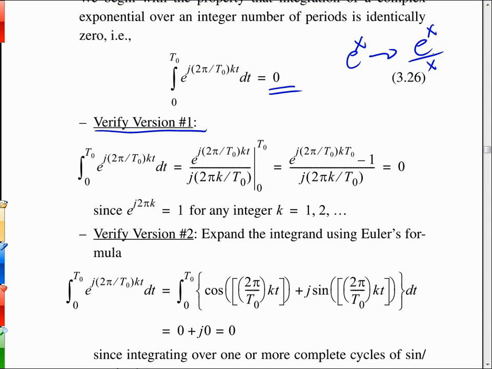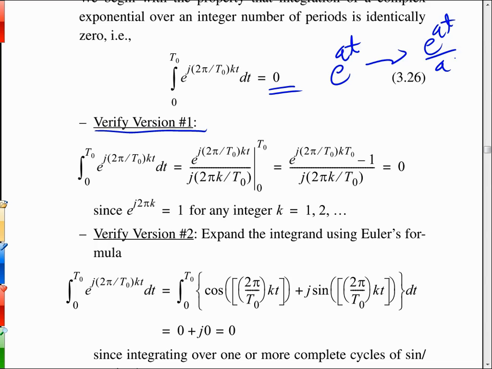Well, actually not e to the x over x, we have to take everything less the independent variable. So let me not try to write that so simply. I'll just rely on your understanding of calculus. If you have e to the a t, that integrates to e to the a t over a if we're integrating with respect to t.